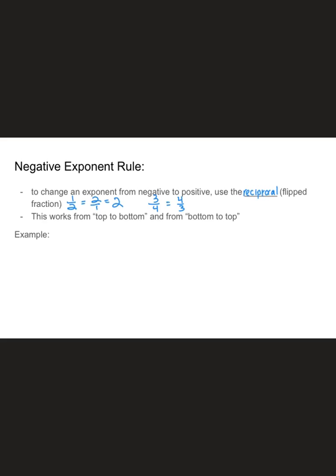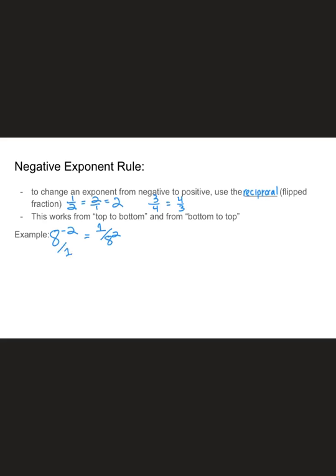So what if we have 8 to the negative second power? That becomes 1 over 8 squared. We flipped it. Whenever you have a whole number, it's invisible over 1.